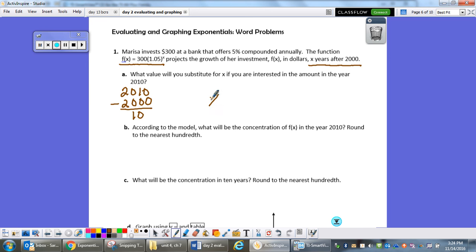So we're going to be using x equals 10 because 2010 is 10 years after 2000. And again, I'm trying to give you as much explanation as possible.